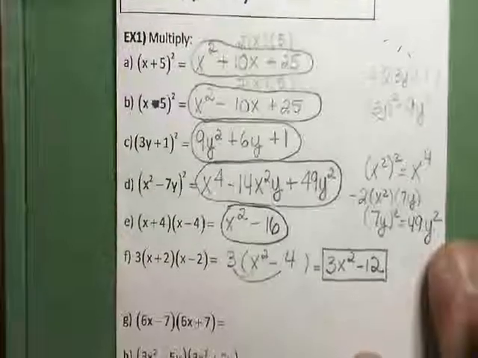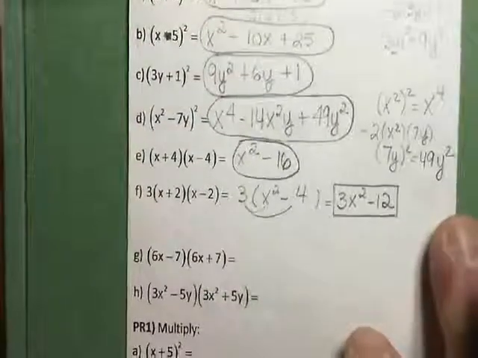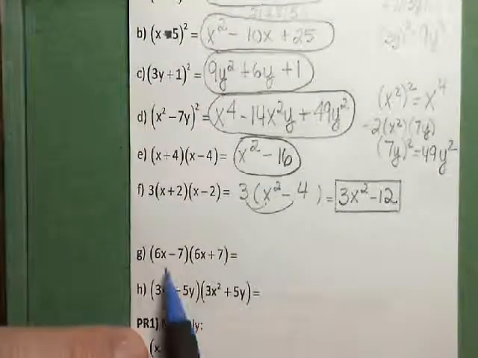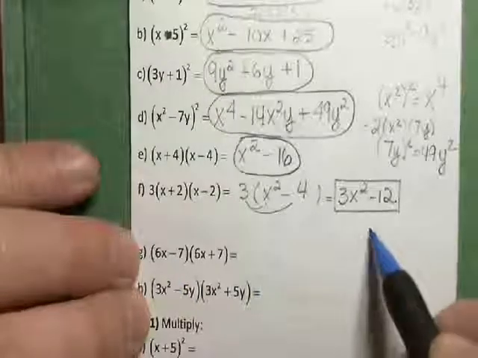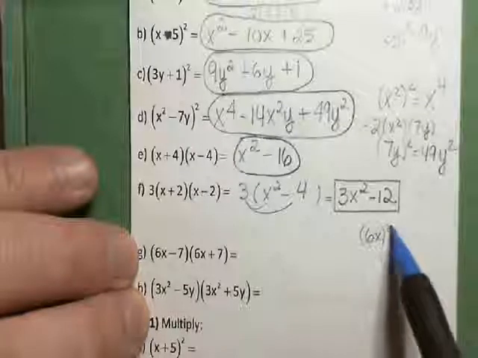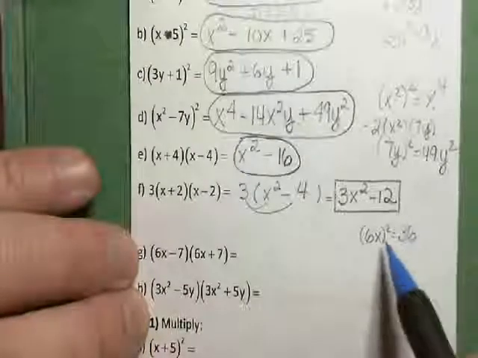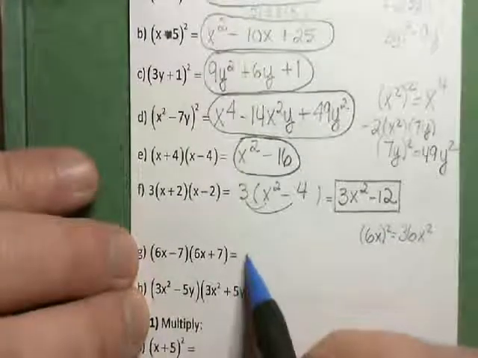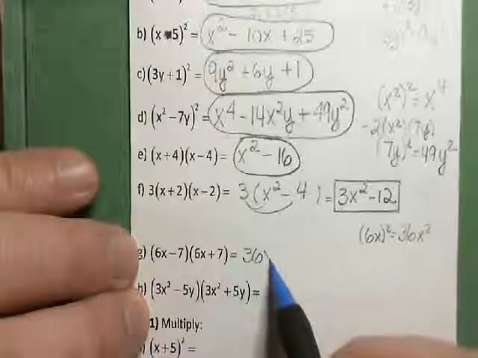Alright, let's continue on. Next one is we still continue to use the last formula. So basically we're going to take 6x and we're going to raise to the square. If you notice, 6 squared becomes 36 and x squared becomes x squared. So in other words, the first term is 36x squared.